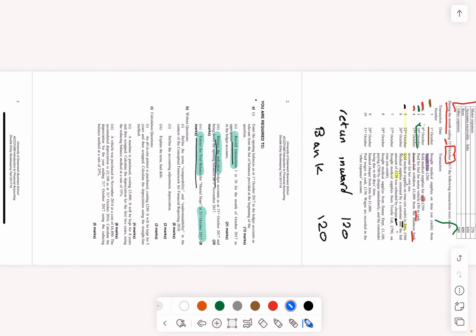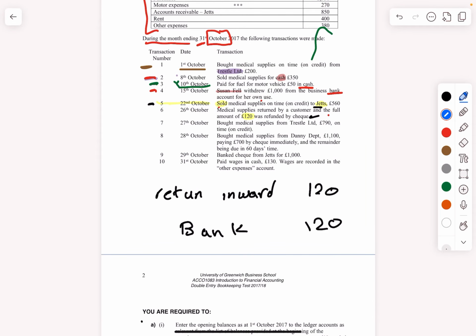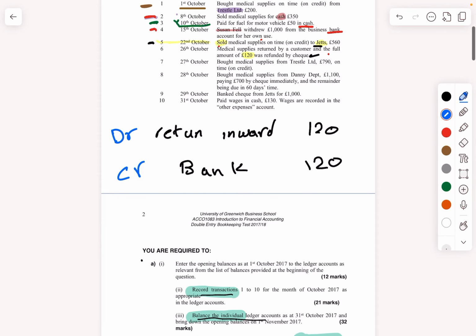If you want to think, which one is credit, which one is debit? When we have return inward, that means we received our supplies back. That means this is debited, and bank is credited, because we lost money, because we gave them back the money they had already paid.